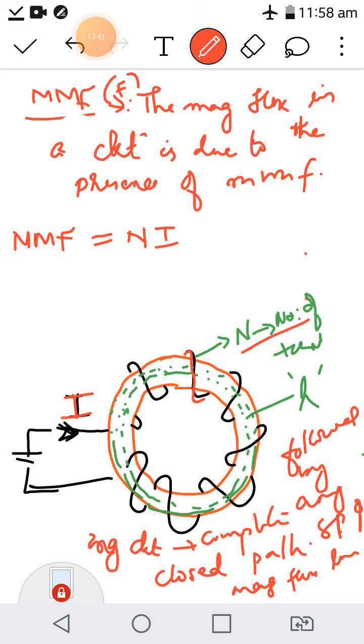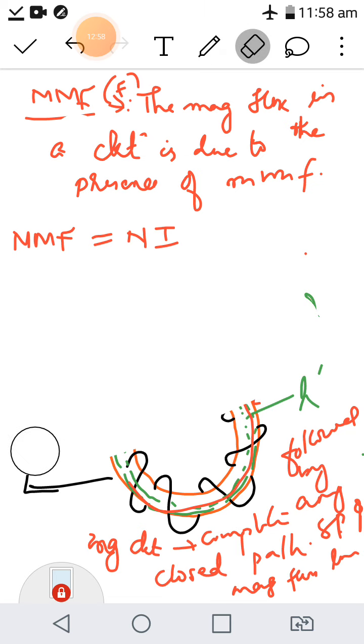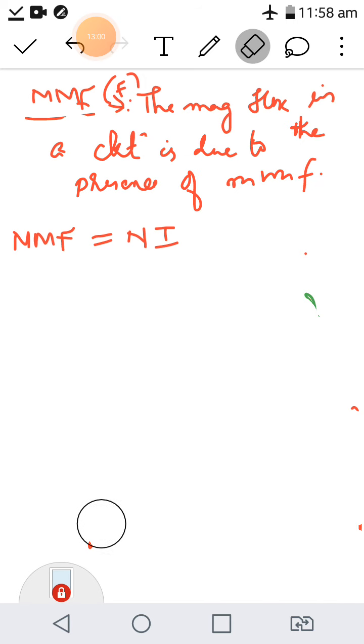So in this example you can see what causes the magnetic flux lines inside the toroid. It is the current, and the number of lines depends upon the number of turns also. So this N into I is always equal to MMF. Now let's see the unit of this MMF.